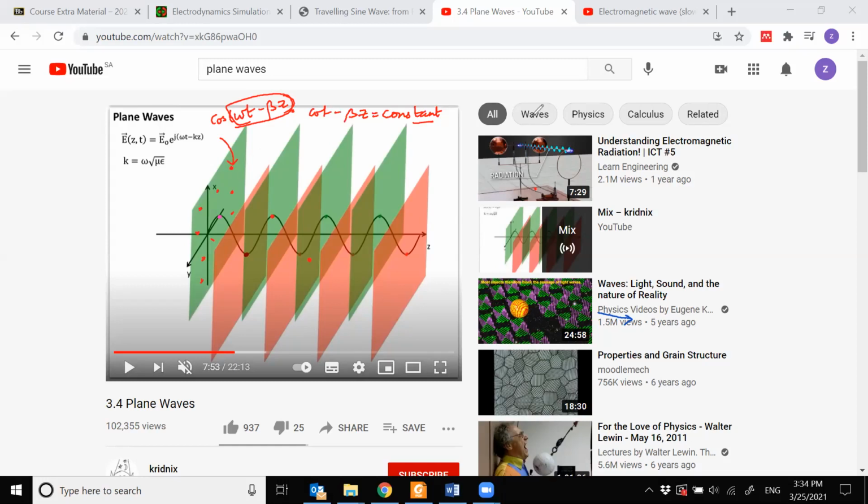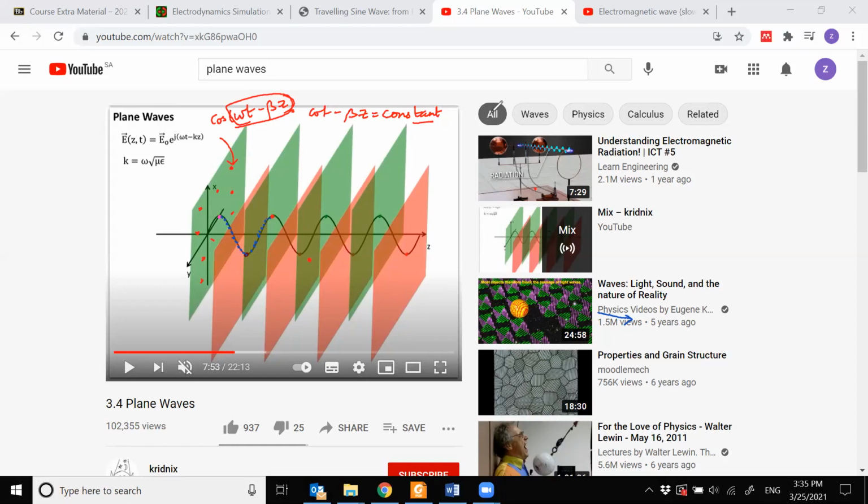Now think from the plane's point of view. Each point on a sinusoid will correspond to a plane. Each point belongs to a plane. I'm just showing the maximum value plane, which is green, and the minimum value plane, which is red, but they are made up of several planes, right?